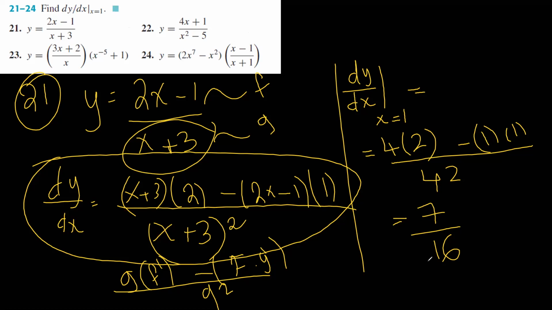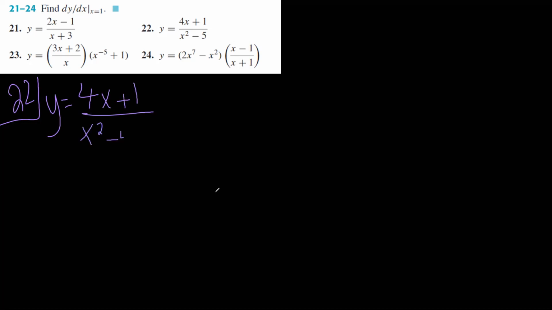Let's now do number 22. In number 22, y is equal to (4x plus 1) over (x squared minus 5).